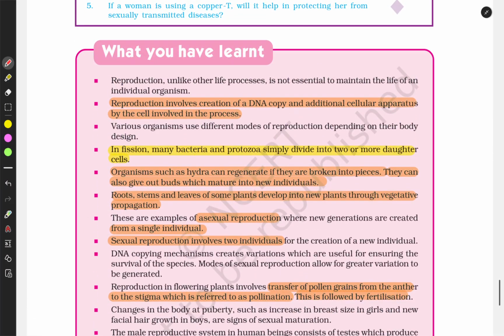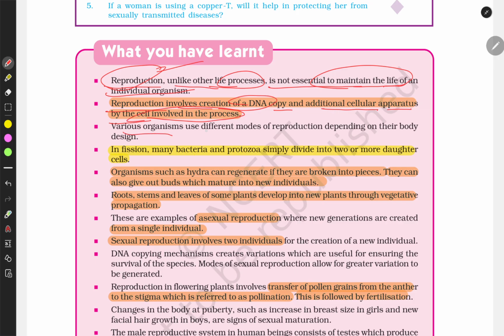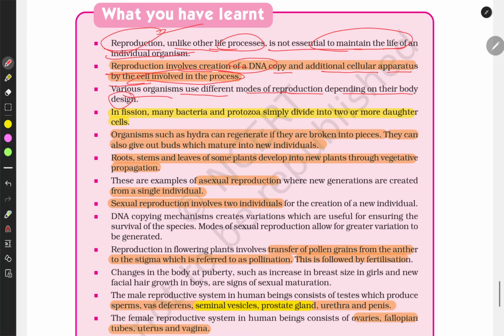Let's quickly revise the chapter. Reproduction, unlike other life processes, is not essential for maintaining the life of the individual. It is only for producing new individuals. Reproduction involves the creation of a DNA copy and additional cellular apparatus by the cell, and various organisms use different modes of reproduction depending on their body design.